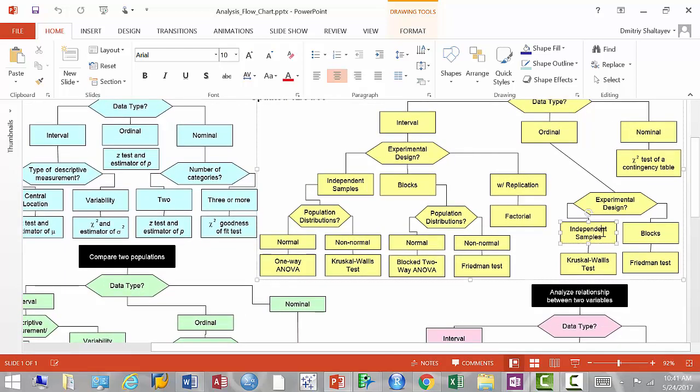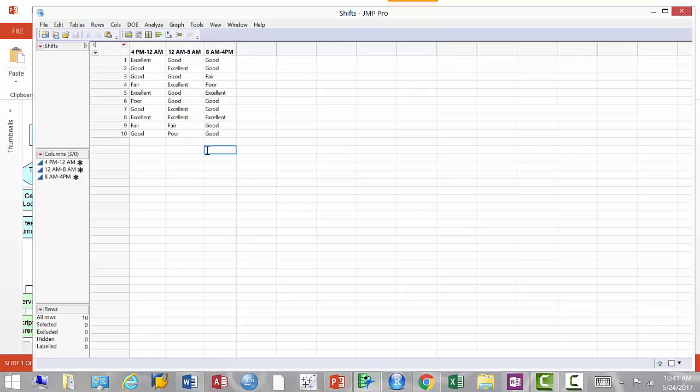Are you dealing with independently collected samples, or are they blocks? In other words, observations on the same line are linked somehow, they form a matched set, or block. Well, what do you think? Independent, right? Because here are 10 customers from shift 1, here are 10 customers from shift 2, and here are 10 customers from shift 3. What would make these observations blocked? Let's say that I want them to be blocked.